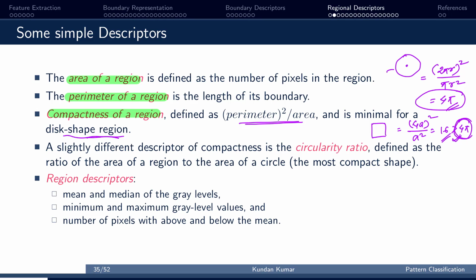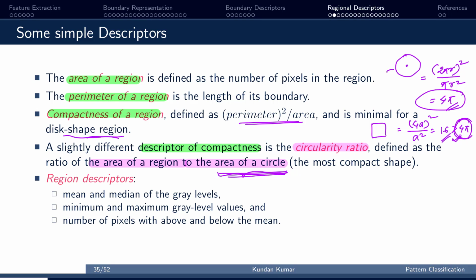We can define another descriptor of compactness, called the circularity ratio, defined as the ratio of the area of the region to the area of a circle. Why circle? Because a circle is a compact region which has the minimal compactness, so we can normalize with the area of a circle.